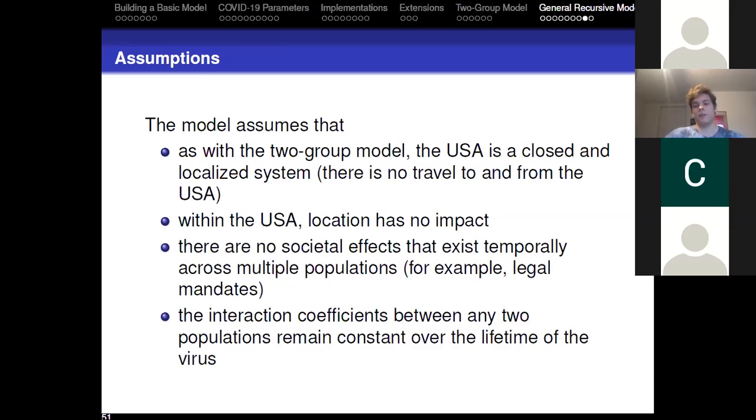So for example, if a legal mandate happens after day 100, our model can't account for that because it only accounts for a continuous movement of individuals into different populations. And then also the interaction coefficients between any two populations will remain constant over the lifetime of the virus. So as Kemal was talking about, some SIR models use stochastic coefficients, which account for the randomness, but our coefficients don't do that. They're just constant.